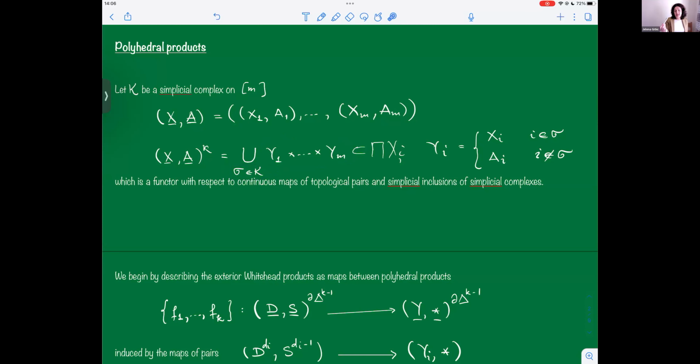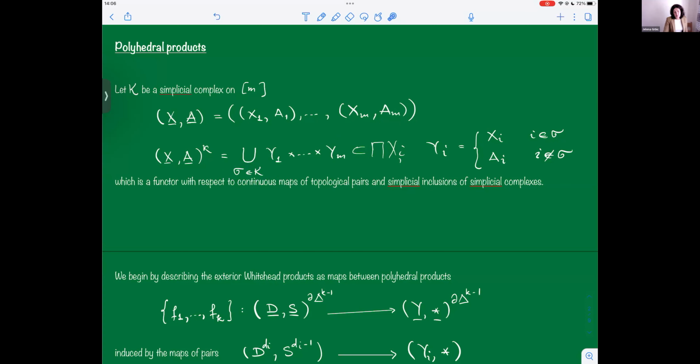Namely, if tau is a subsimplex of sigma, then you're gluing the subspace corresponding to tau directly by inclusion to the subspace given by sigma.